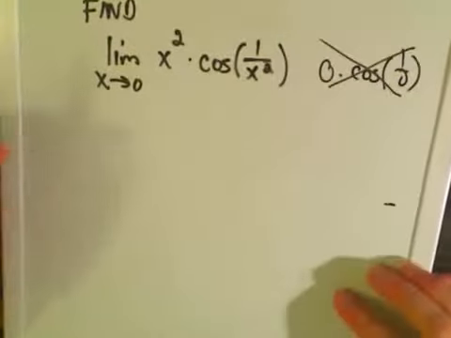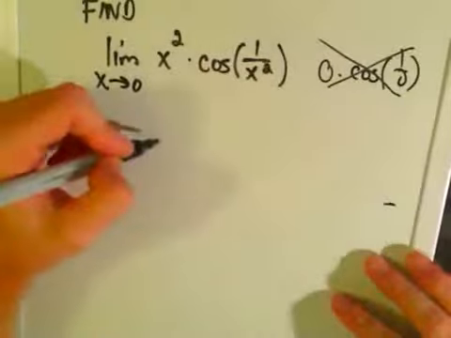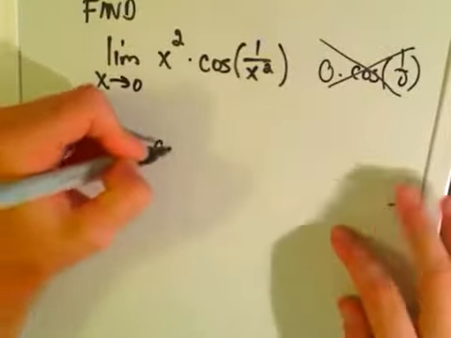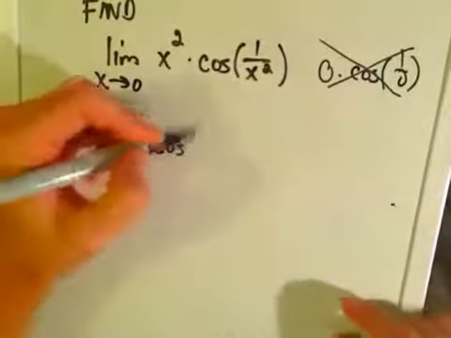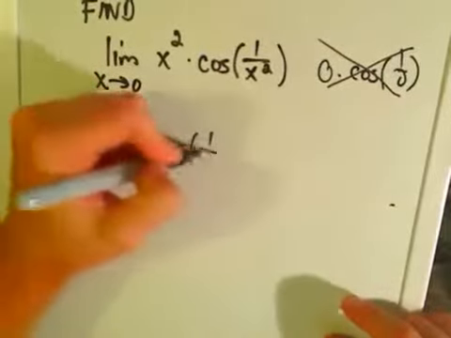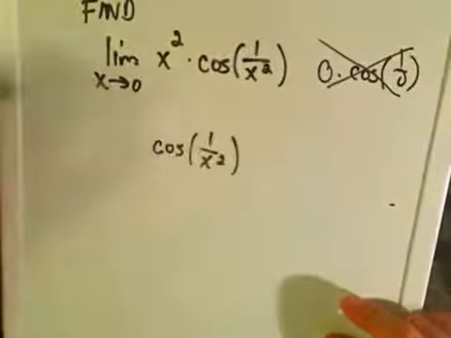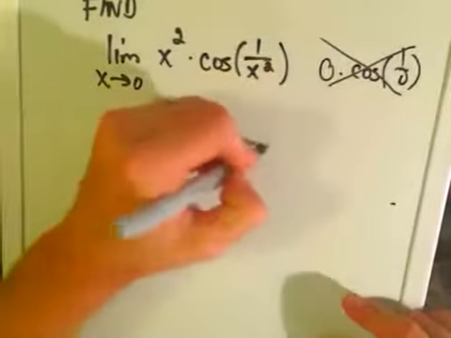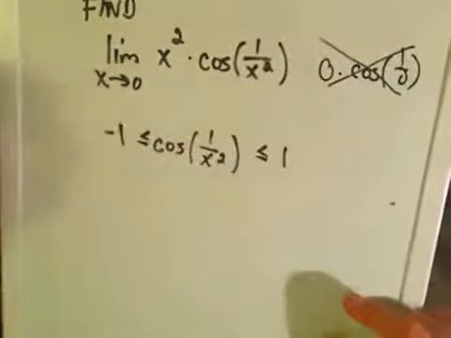But what we can do is, we know that cosine of 1 over x squared, cosine of anything is in between -1 and +1, right?